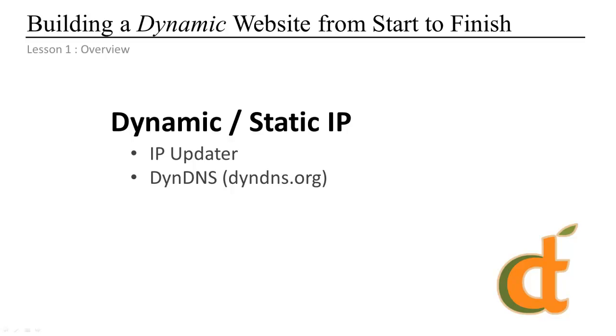This 1.10.200.5, we'll say, for instance, could change. It could change now, it could change in 5 minutes, it could change in 5 months, it could never change, who knows. I don't necessarily know how each ISP handles their dynamic IP addresses.